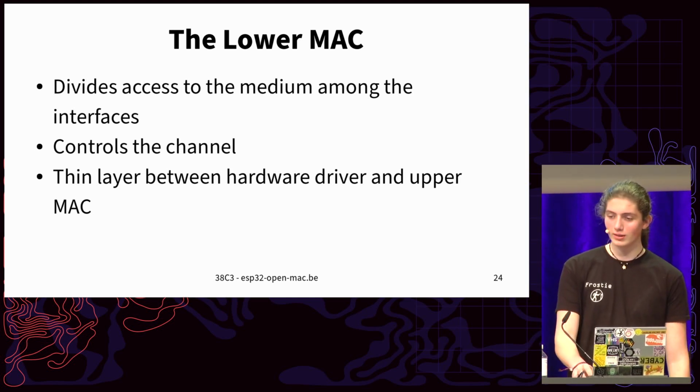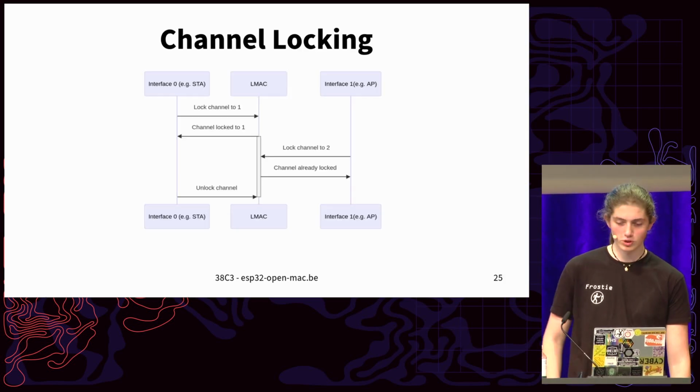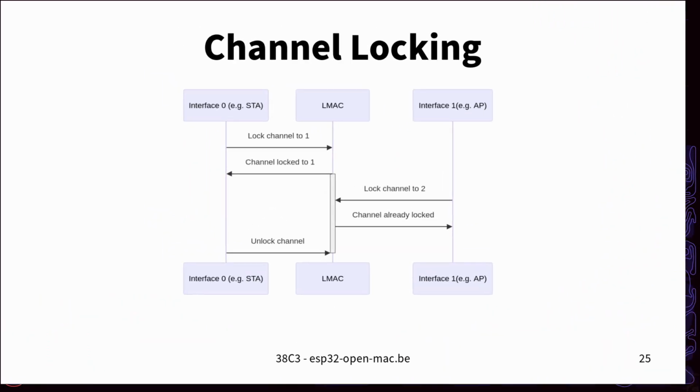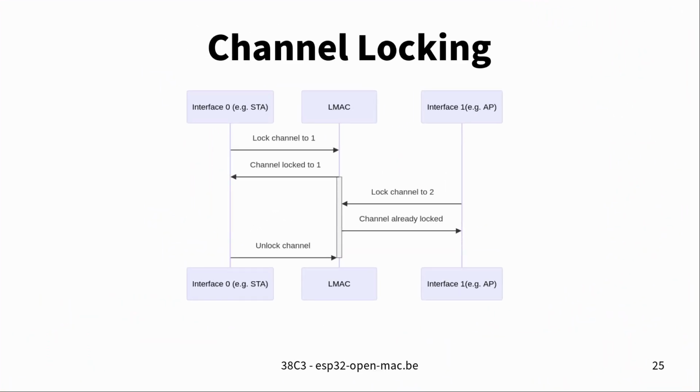And the way it controls access to the channel is through channel locking. So the idea is if interface 0 comes first and says, hey LMAC, could you please lock the channel to number 1? I would like to operate on that channel. And then the LMAC will check, is the channel already locked or not? And if it isn't locked, then it will go, yep, here's the lock.